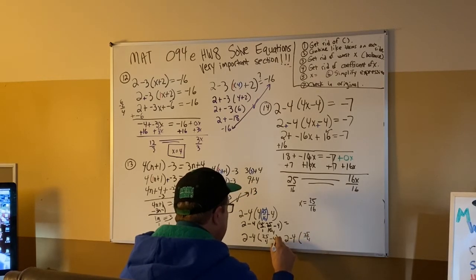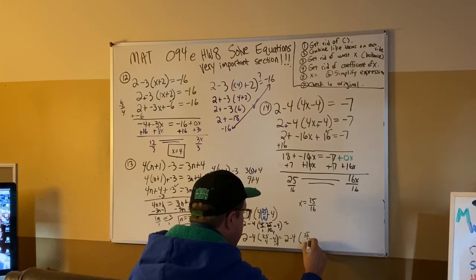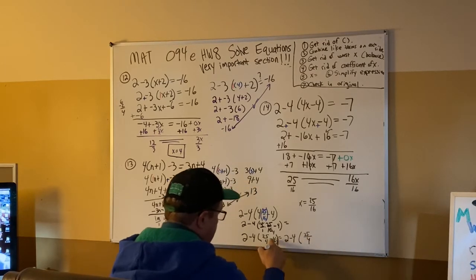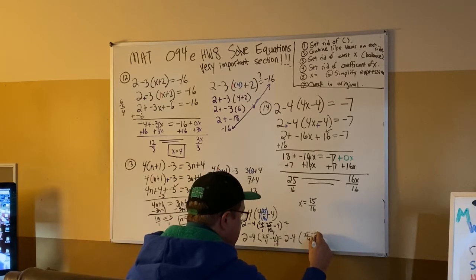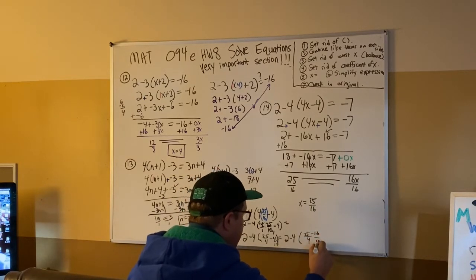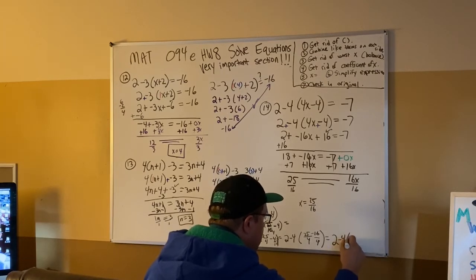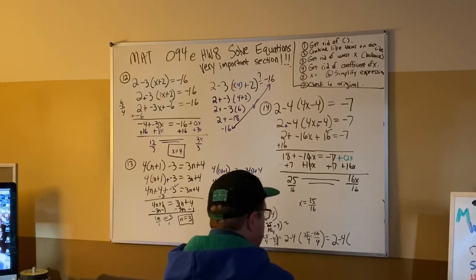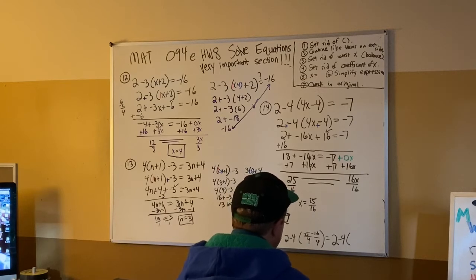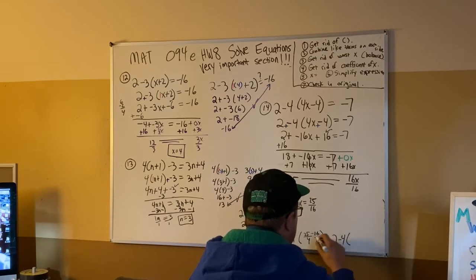We multiply top and bottom by 4. 4 times 4 on top is 16. And 1 times 4 on the bottom is 4. So we have 2 minus 4 times 25 minus 16 all over 4.